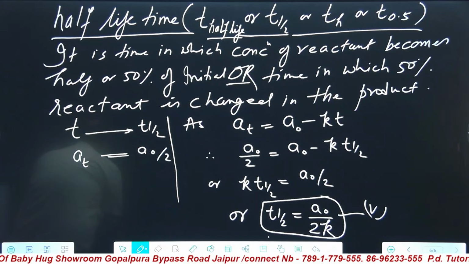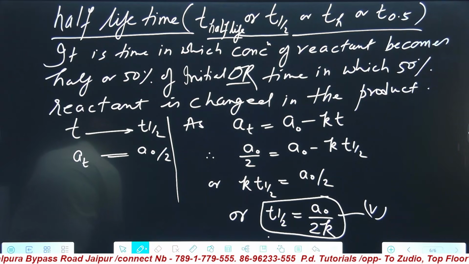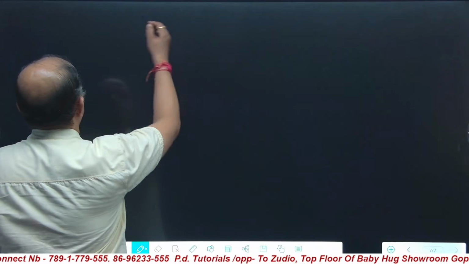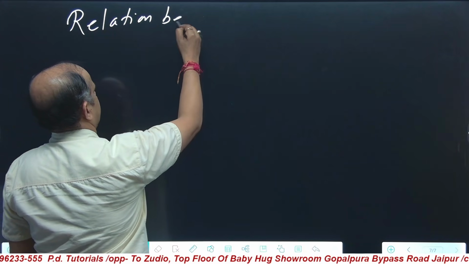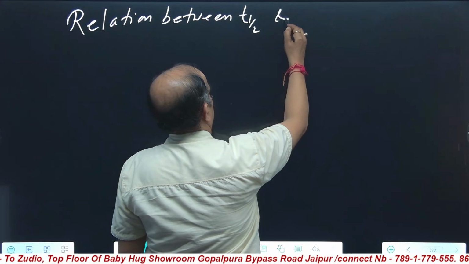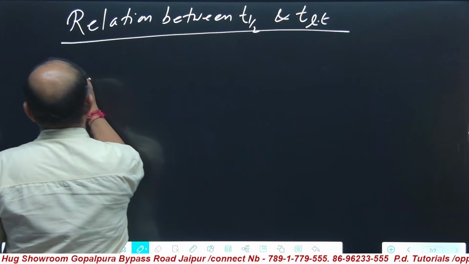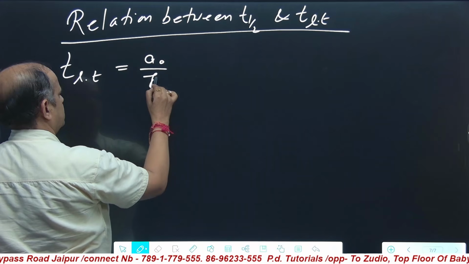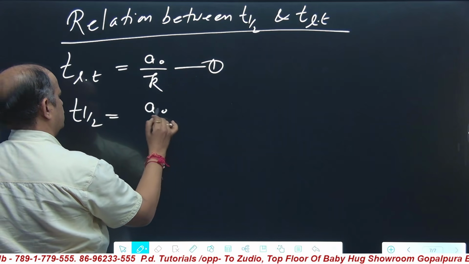Now is the time to find the relation between half-life and lifetime. T_LT equals A naught by K, as we have just studied, and T half is equal to A naught by 2K.